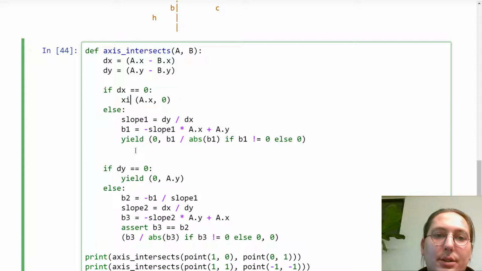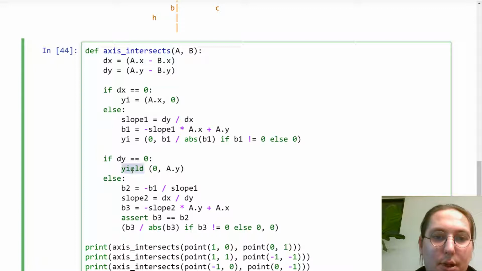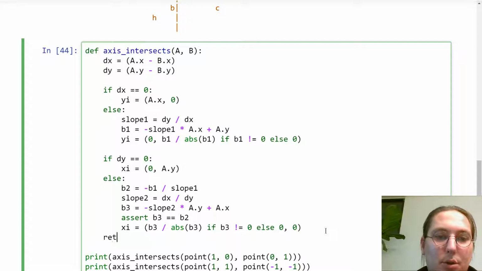So this is the y-intersect, and here's the alternate case for the y-intersect, and here's the x-intersect, and here's the alternate for the x-intersect, and we just return x-intersect, y-intersect.